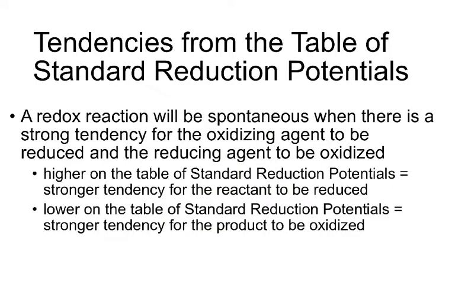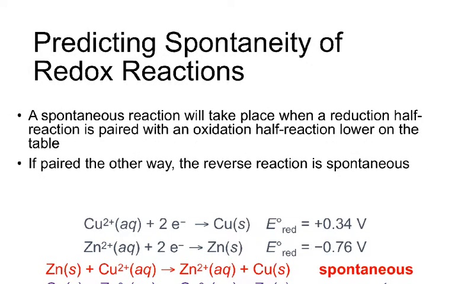All right, tendencies from our standard reduction potentials. A redox reaction will be spontaneous when there's a stronger tendency for the oxidizing agent to be reduced and the reducing agent to be oxidized. So if we have the reaction that's higher on the table 18.1 going in the direction as written, and the opposite for the oxidation, that's going to be a spontaneous reaction.